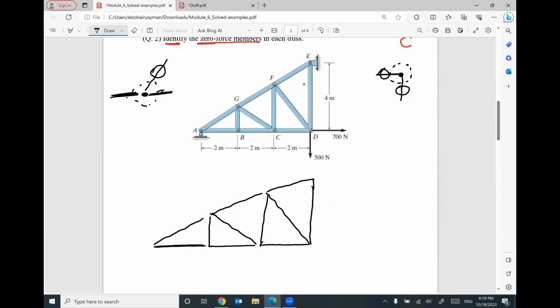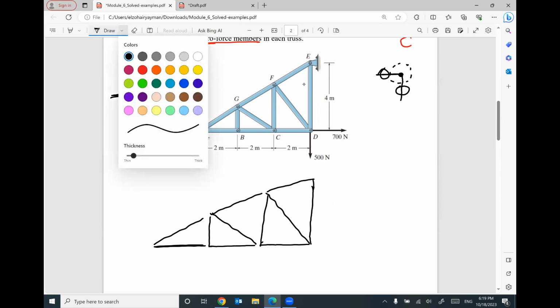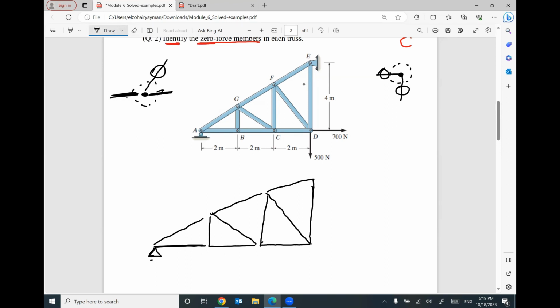We are given a support at A, roller, and the support at E is a hinge. So keep in your mind, we will have one reaction at A and two reactions at E. And we are given a force here, 700, and another force here, 500.